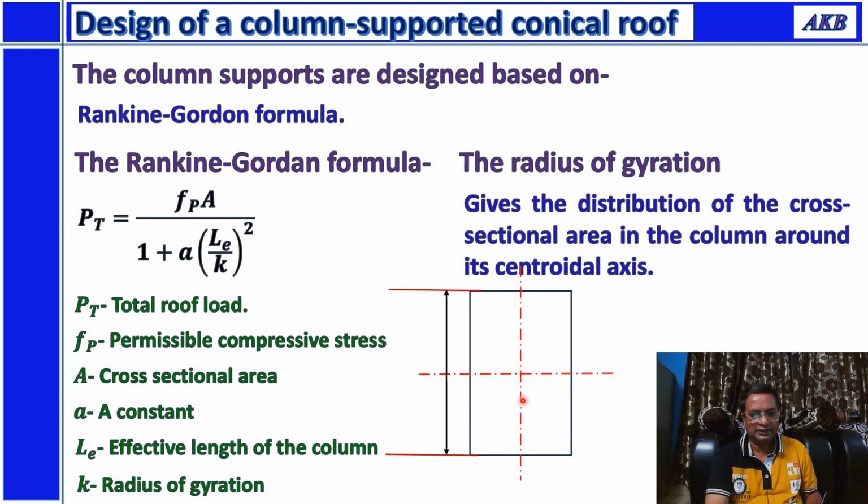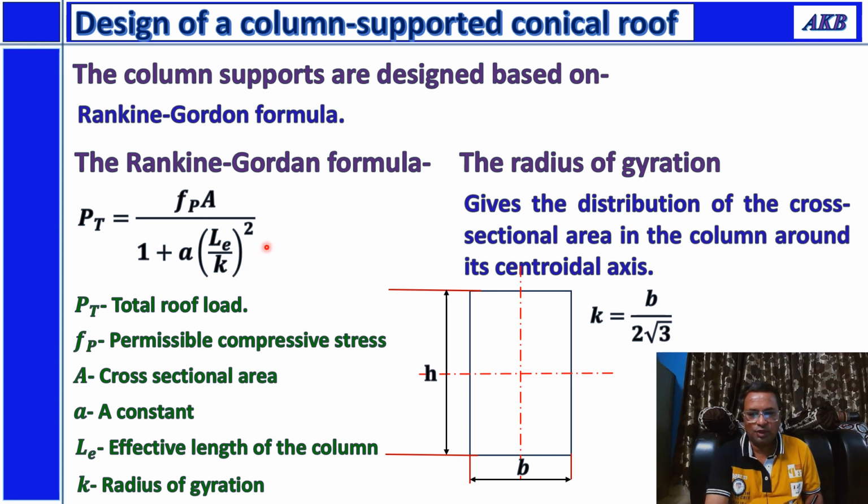Let us say h is the height of the column, and this is b. Then the radius of gyration is given as b upon 2 root 3. So if this dimension b is known to you, you can calculate the radius of gyration and then use it in the formula.